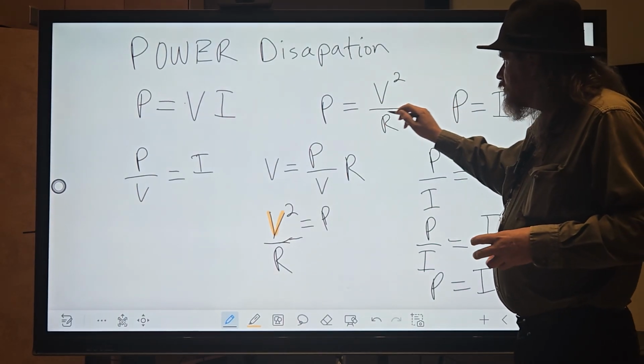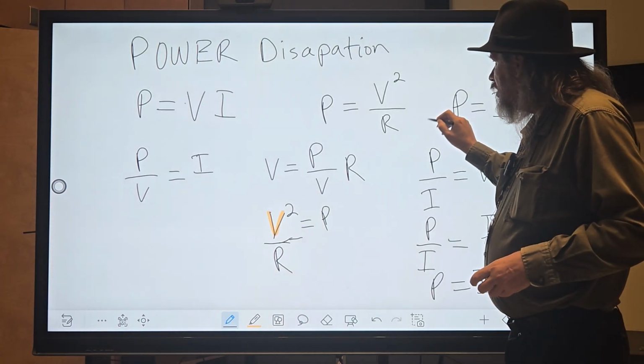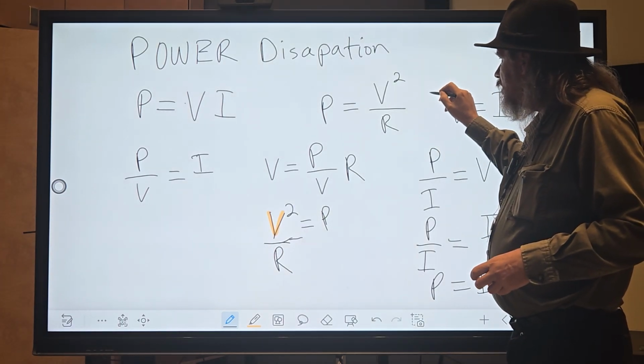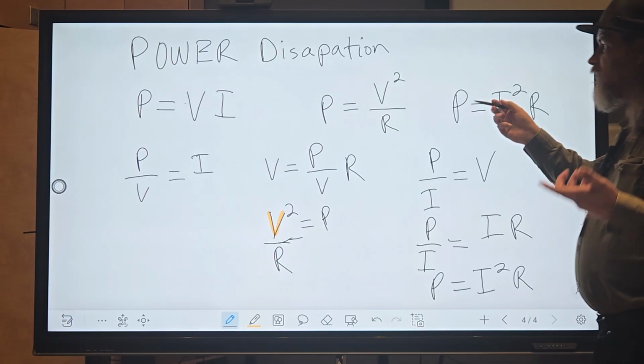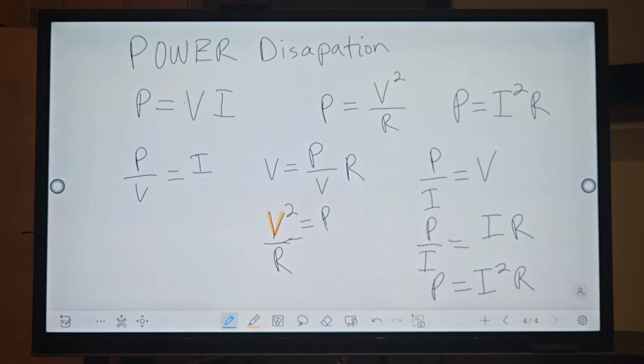Yeah, it would be a 100 watt power dissipation on the resistor.